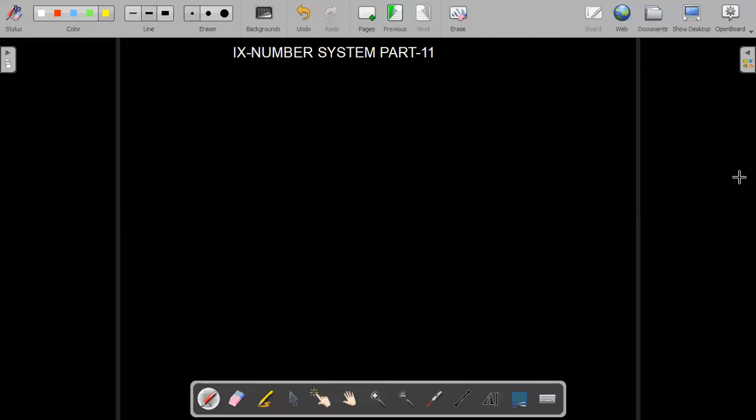So before starting the exercise, we should know some properties related to rational and irrational numbers.